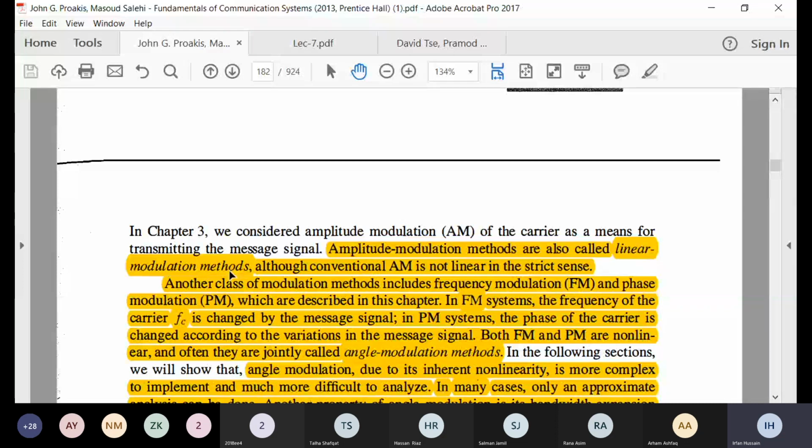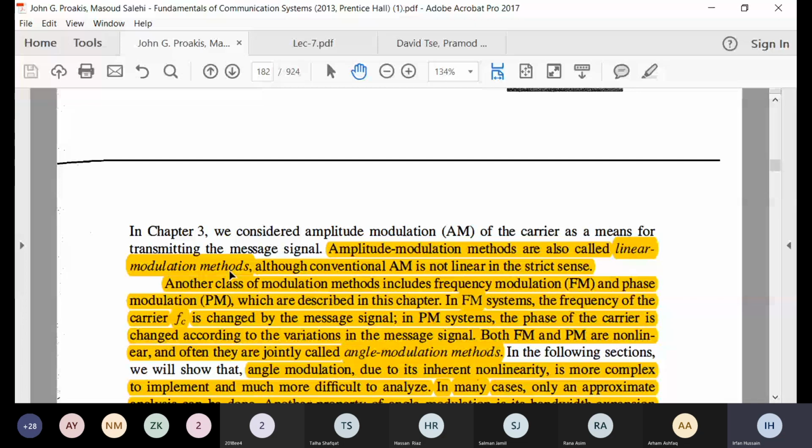You are just shifting the spectrum from one frequency to another frequency. So we can say with respect to spectrum shape, it is linear, but we know it is non-linear in a strict sense, because you are changing the frequency. Once you change the frequency, the system becomes non-linear.